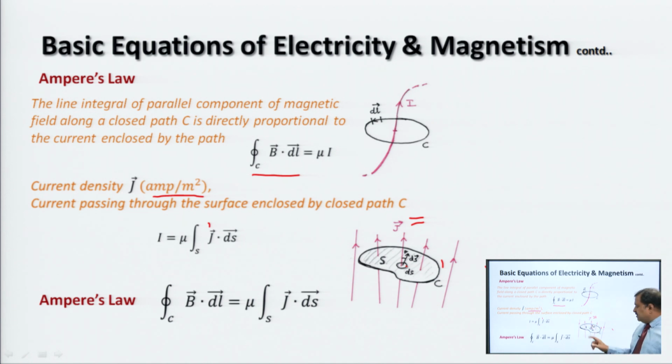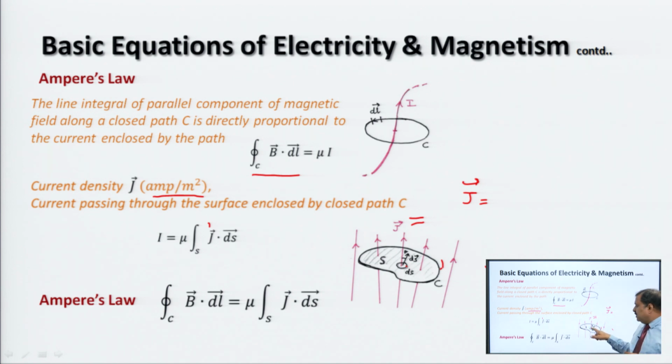Which surface? The surface which is enclosed by the closed path C. Current density J is ampere per meter square, it is current per unit area.